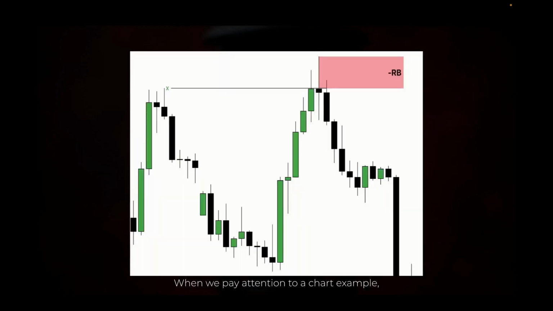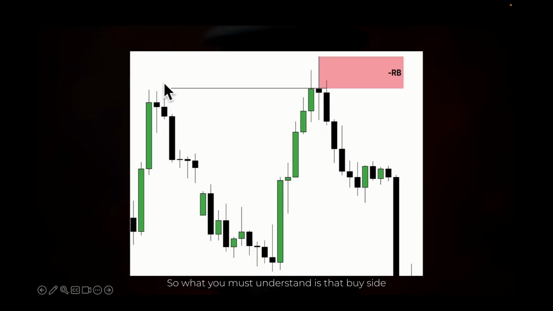When we pay attention to a chart example, what you can see is that the market formed this high right here, and we then saw the market deliver towards the downside. Eventually the market expanded towards the upside, and what you can see is that we took out that old high. Pay attention to what is resting above this high. Above this high, buy-side liquidity is resting.